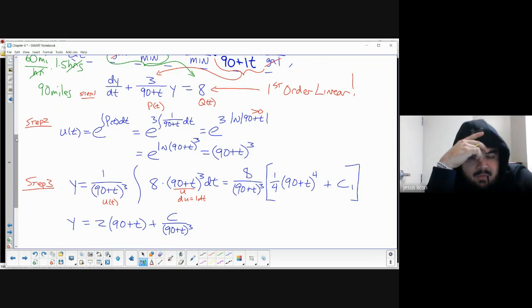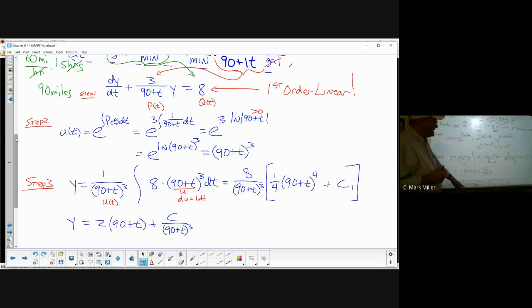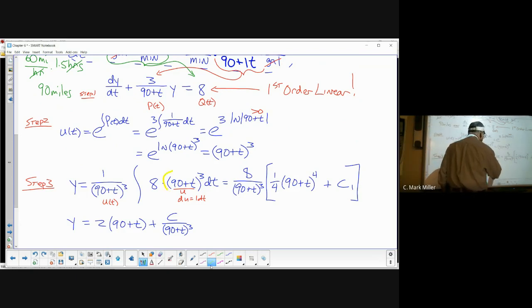Why you put 1/4 and to the 4th power again? Okay. Because of this. That has the form u, some function to the 3rd power, du. And so that integral is u to the 4th over 4 plus c.